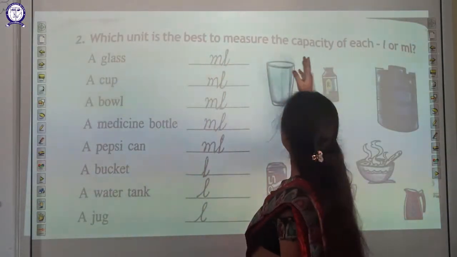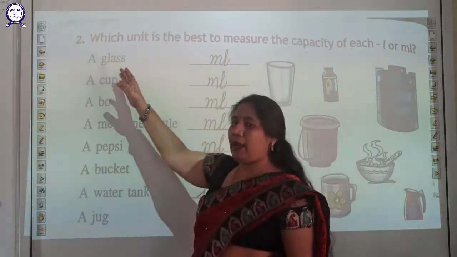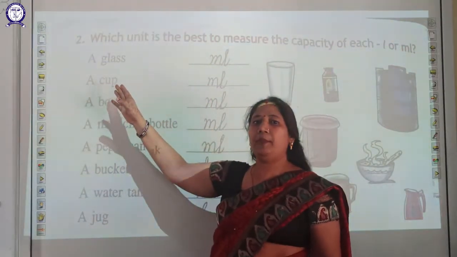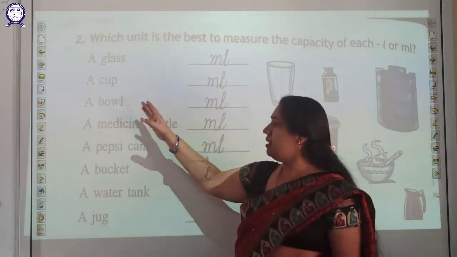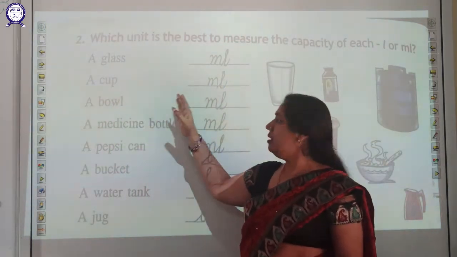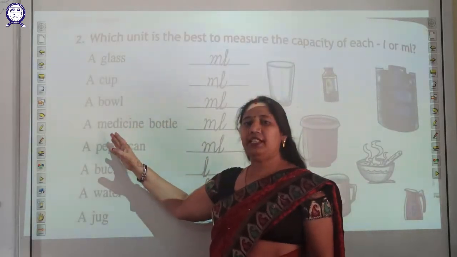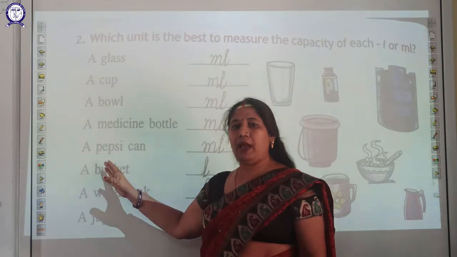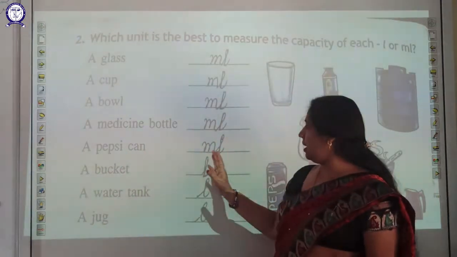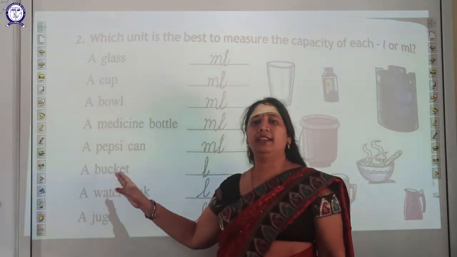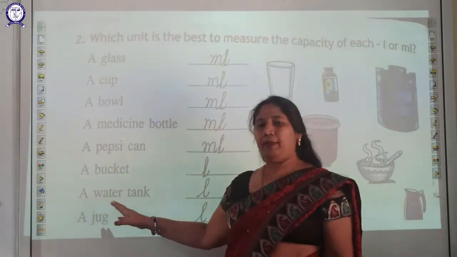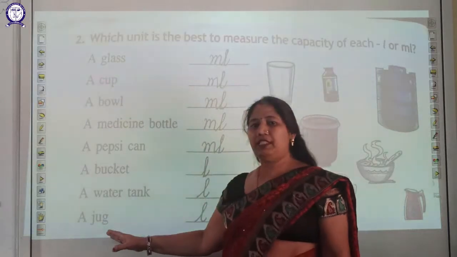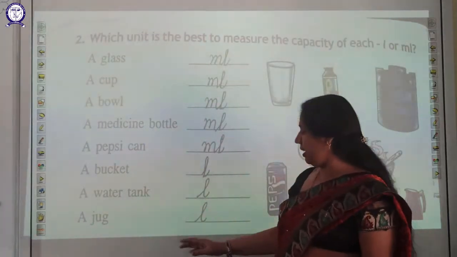Which unit is best to measure the capacity? Capacity of a glass in milliliter, capacity of a cup also in milliliter, capacity of a bowl in milliliter, capacity of a medicine bottle in milliliter, capacity of a Pepsi can in milliliter, capacity of a bucket in liter, capacity of a water tank in liter, capacity of a jug in liter.